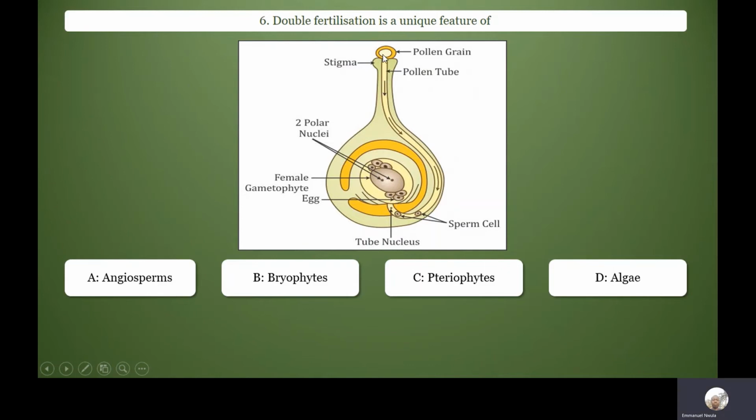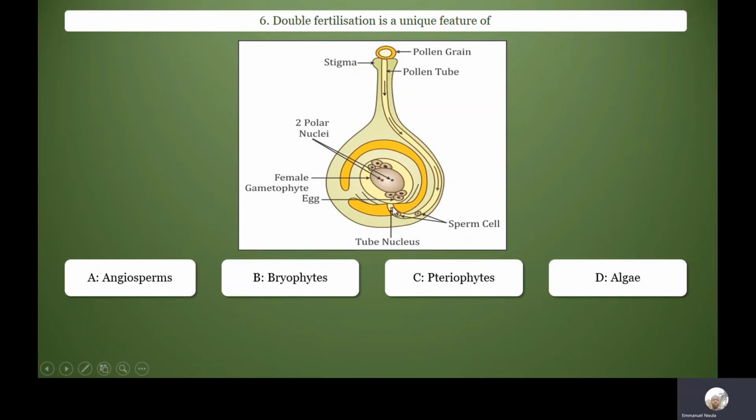Now, the pollen grain contains a nucleus known as the generative nucleus. The generative nucleus will divide to form two male gametes, and the two male gametes will be carried by the pollen tube to the ovule.